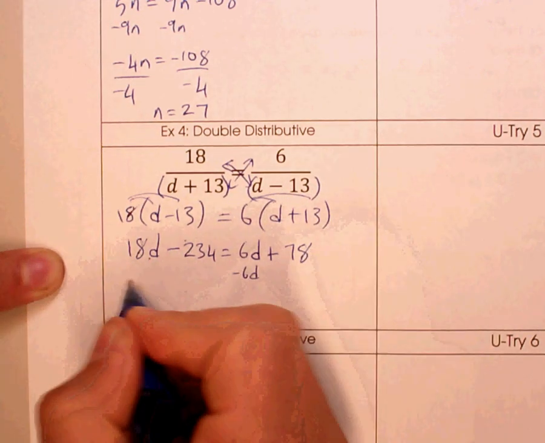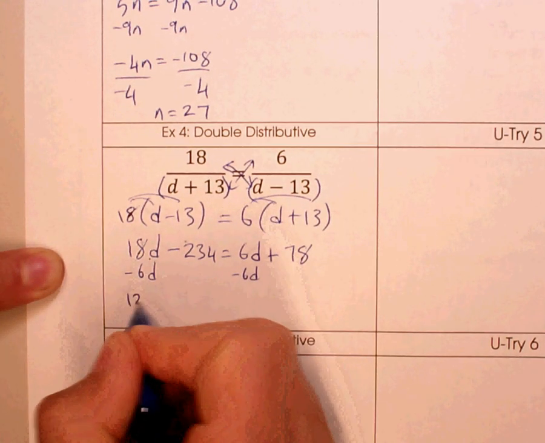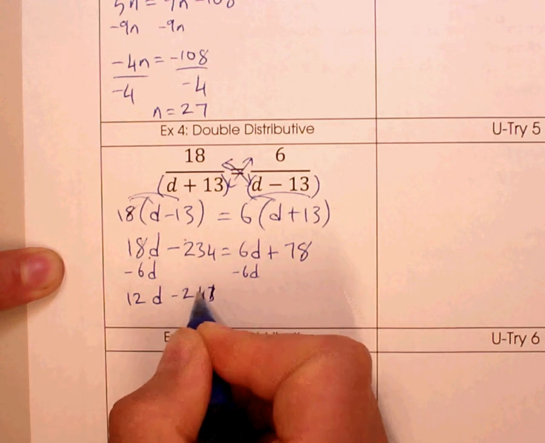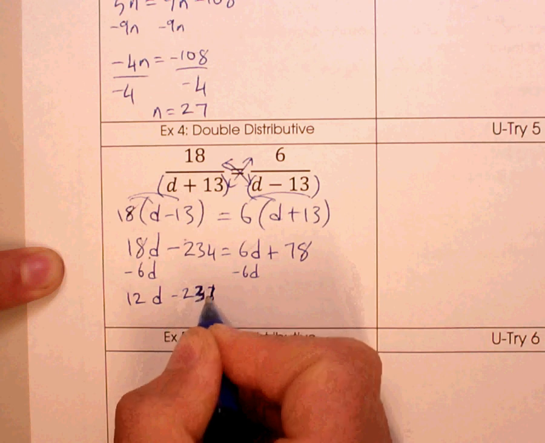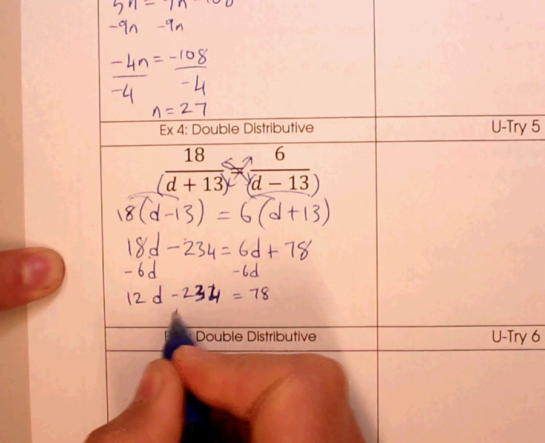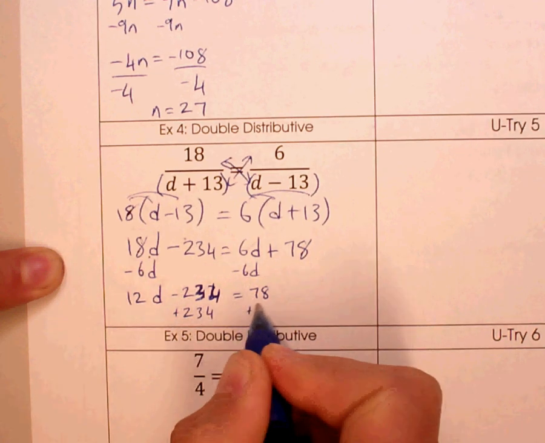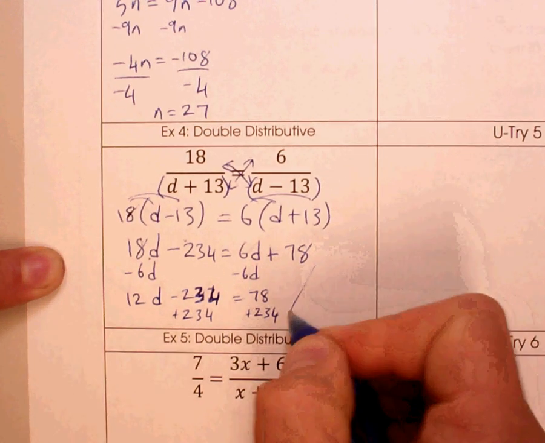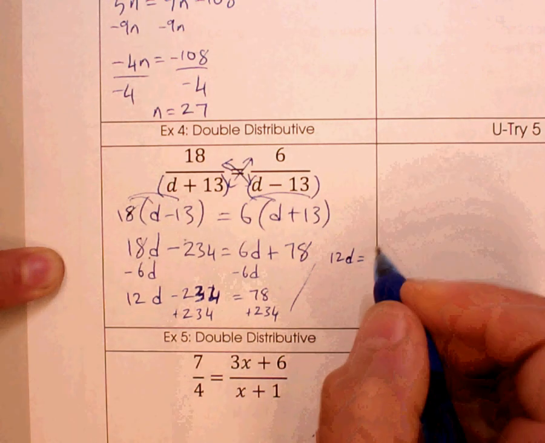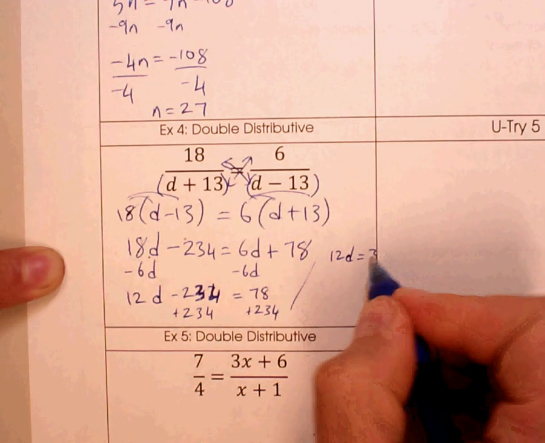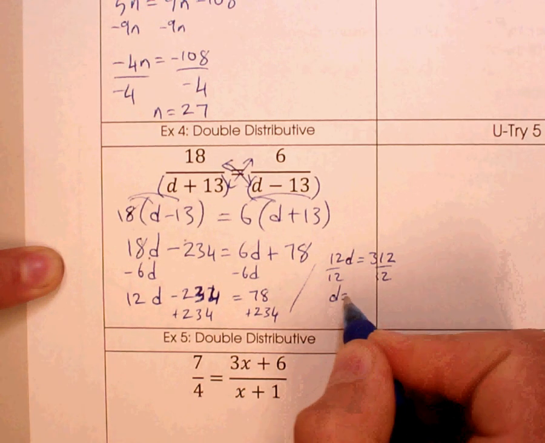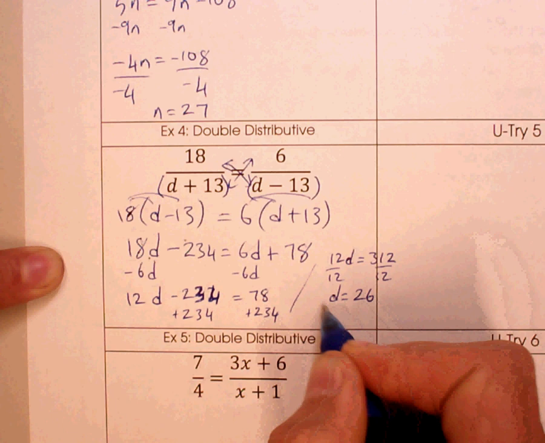Subtract 6d from each side. 12d minus 234 is equal to 78. Let's add 234 on each side. 12d will be equal to 312. If I divide each side by 12, d will be equal to 26.